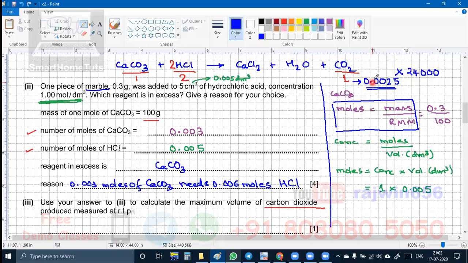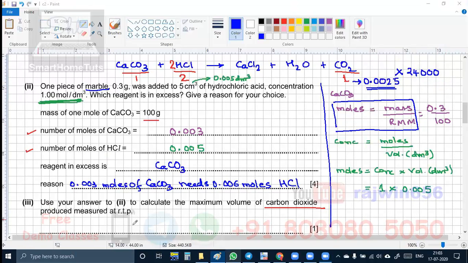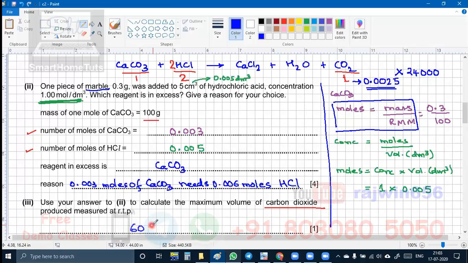So 2.5 into 24, that's going to be 60 cm cube. Or if it is in dm cube, it's going to be 0.06 dm cube.